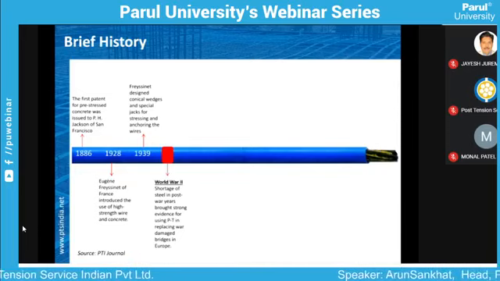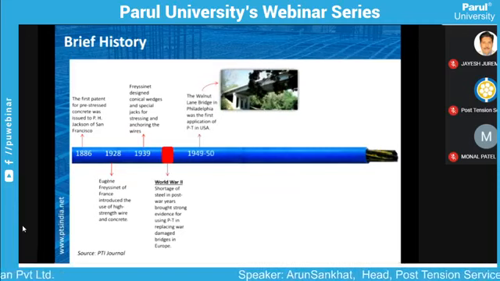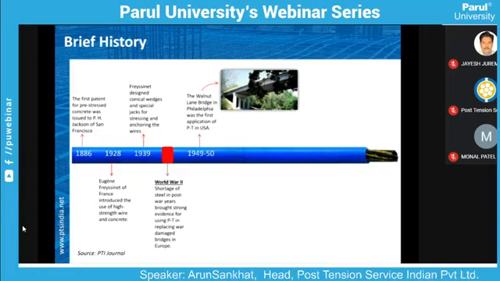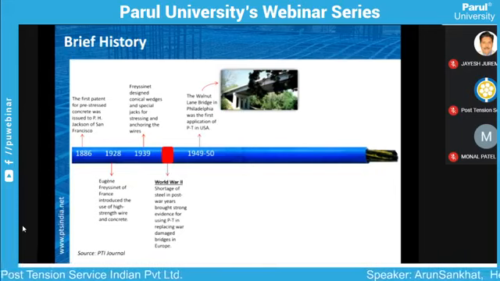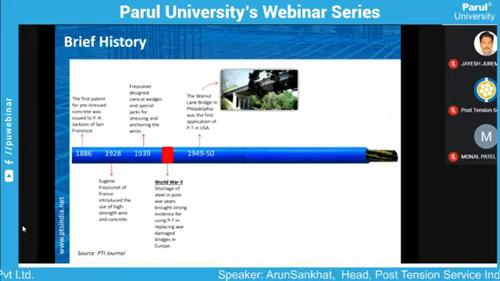After the war, the scenario was such that there was no material left for building the infrastructure, and there was a huge scarcity of metal, steel. So then again post tension or pre-stressing came into the picture, and there were again experimentations on how to use pre-stressing in buildings.